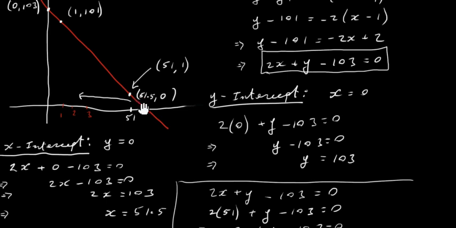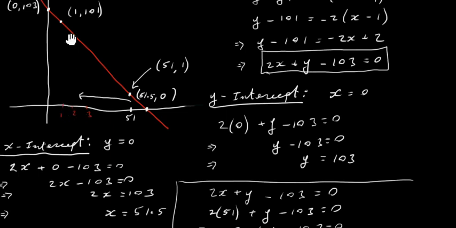So in other words, there are 51 points along this line that will give me whole number positive x and y values. So 51 is the first one, working from right to left, then 50, 49, 48, 47, all the way down to 3, 2, 1.